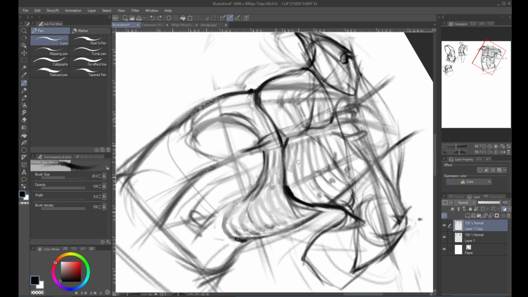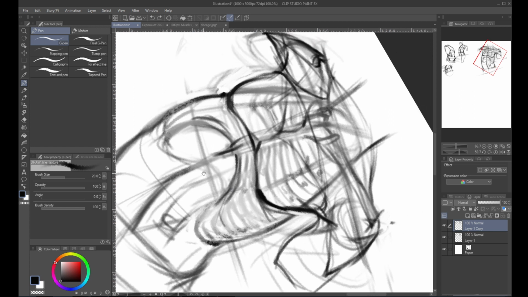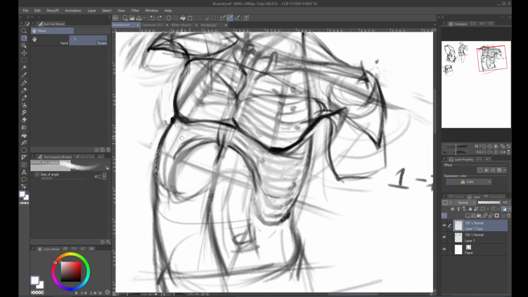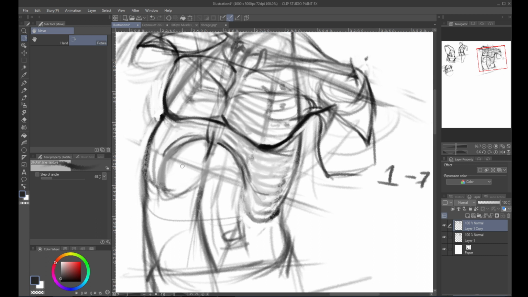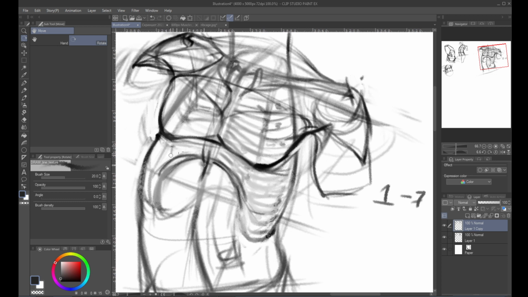They go like this, but this part of the abdominal muscle is really thin compared to the part where the actual abs begin, because it's closer to a tendon at that point, like it's thin tissue. And because of this, depending on the person, we can actually see quite a lot of bone structure on the upper part of the abs. Just something to keep in mind.